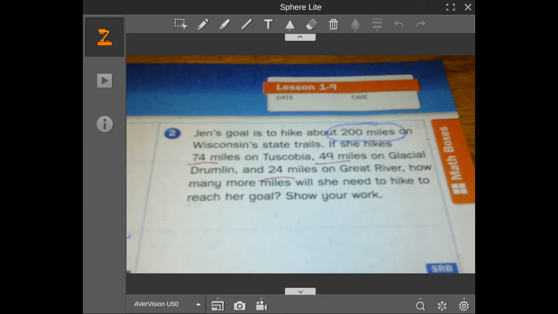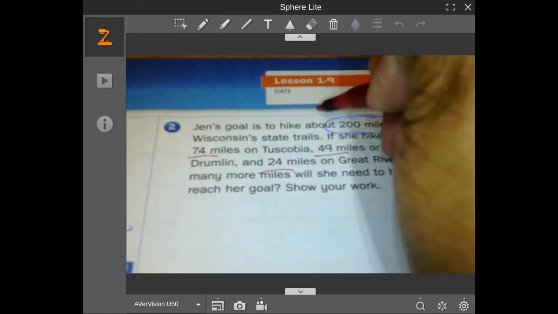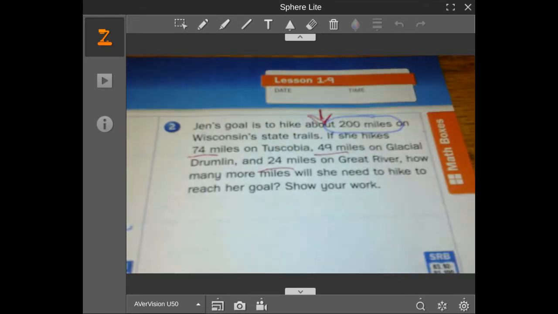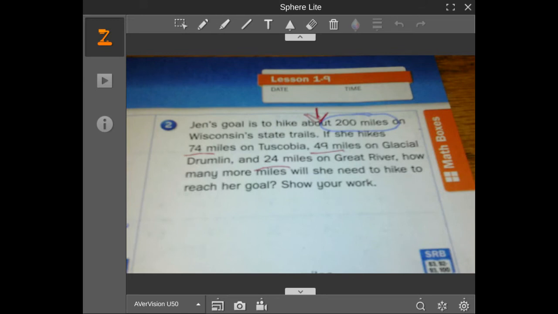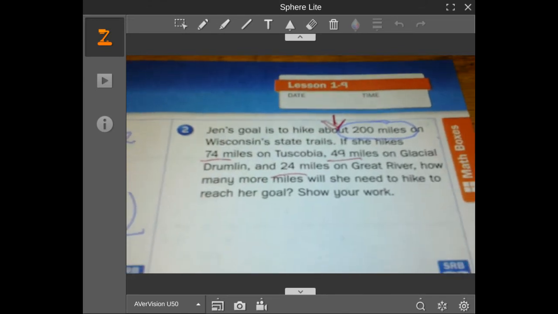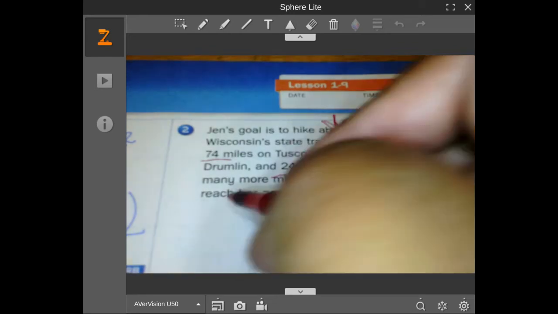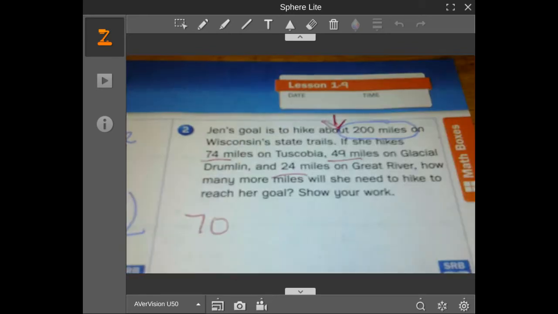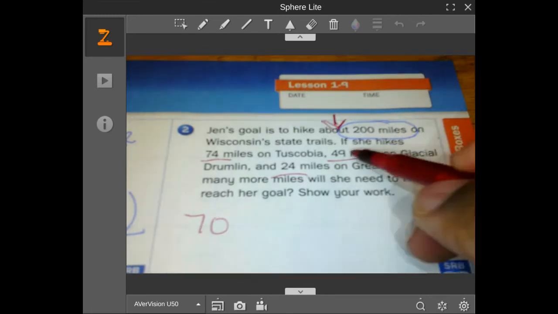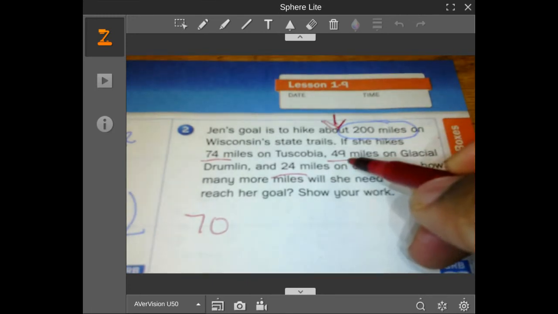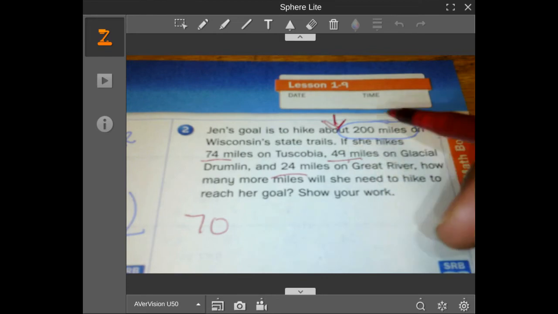First, let's estimate because we're looking at our word problem, and it says about. Let's estimate how many miles she has hiked in total. So 74 is close to 70. 49 is close to 50.